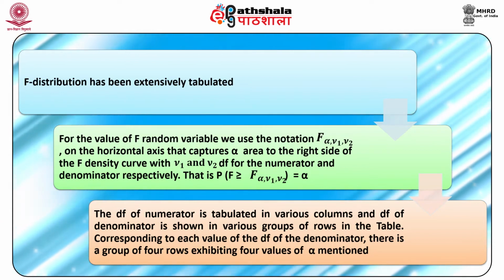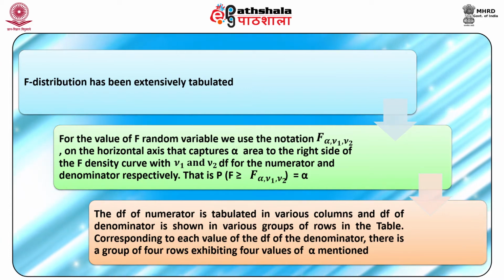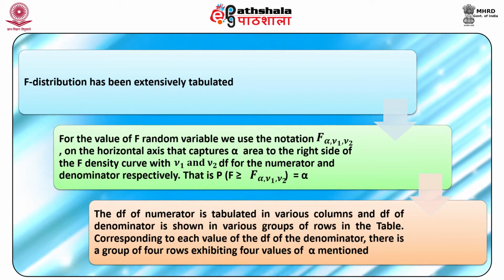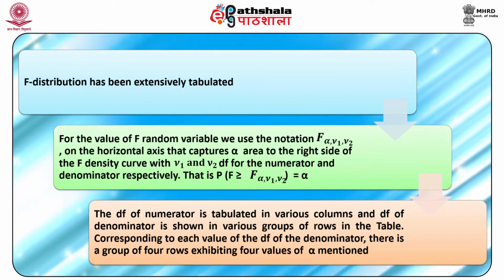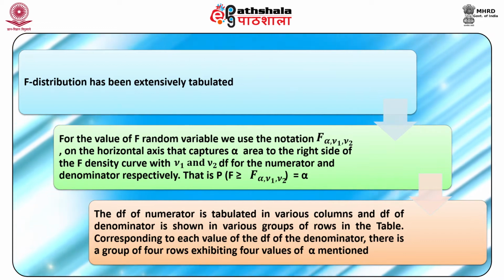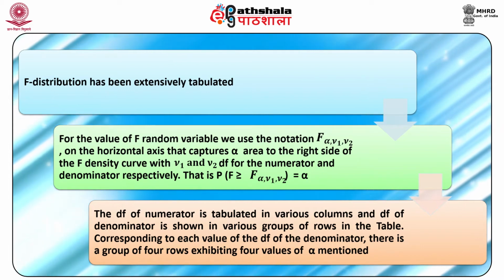Corresponding to each value of the degrees of freedom of the denominator, there is a group of 4 rows exhibiting the 4 values of alpha as mentioned above. So for each combination of nu1 and nu2, there are 4 critical values of F alpha nu1 nu2 that capture these different values of alpha, from 0.1 to 0.05, 0.01 and 0.001, area under the F curve in the upper tail, as you would see in our figure 2.